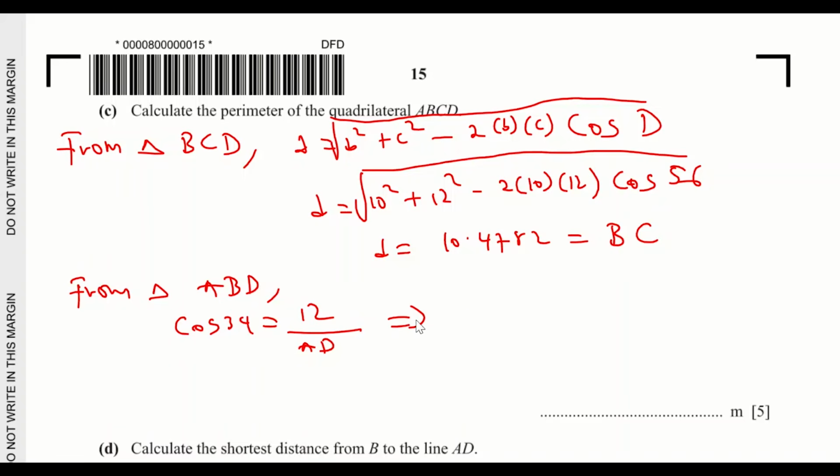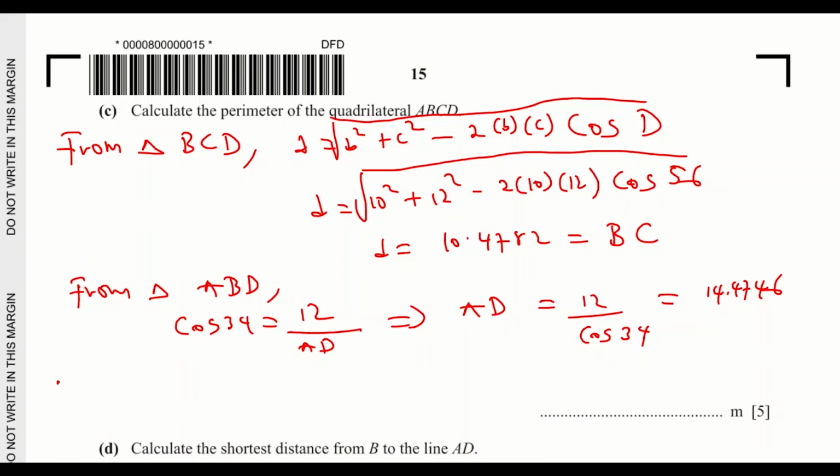So this implies that AD is equal to 12 over cos 34 degrees. So you can input this into your calculator, and you get the value of line AD to be 14.4746.